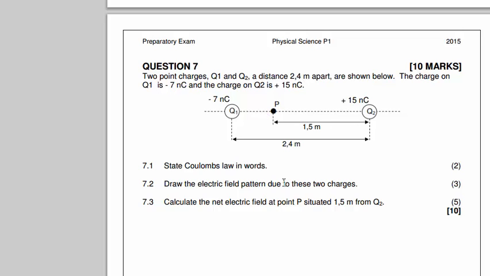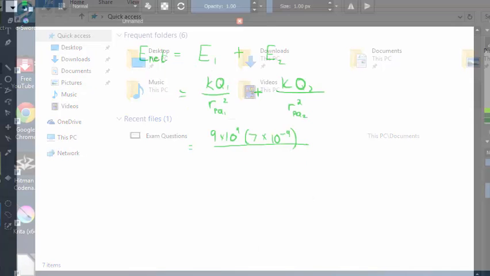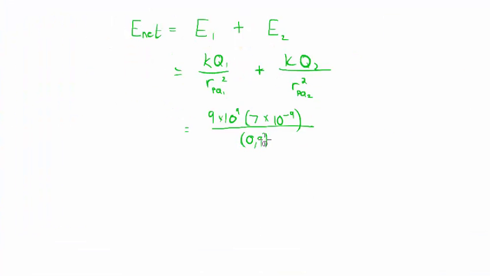From 15 to 24 is 9, so in this case the distance is 0,9 squared. Plus, the other one is 9 times 10 to the power of 9 times 15 times 10 to the power of -9, all over 2,4 squared.